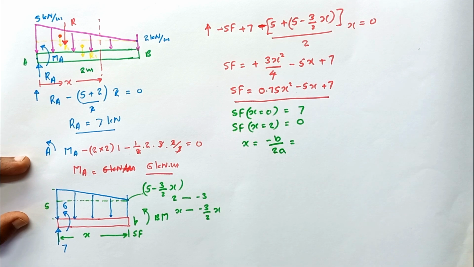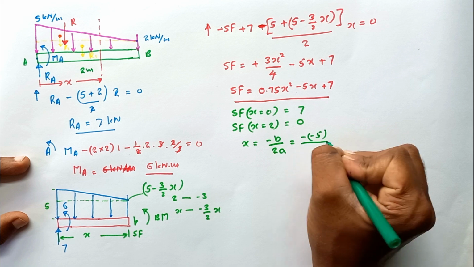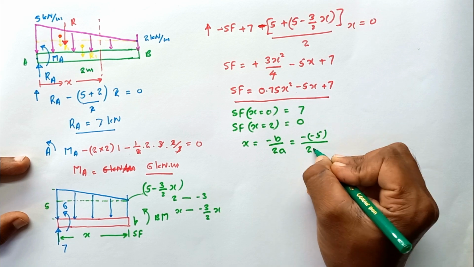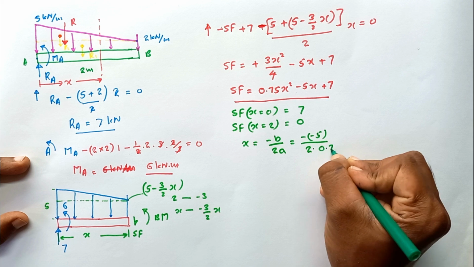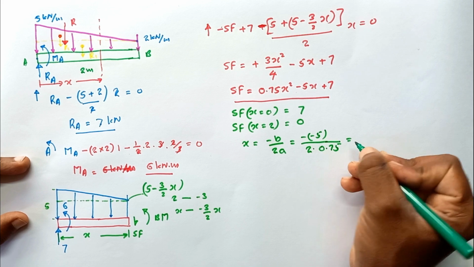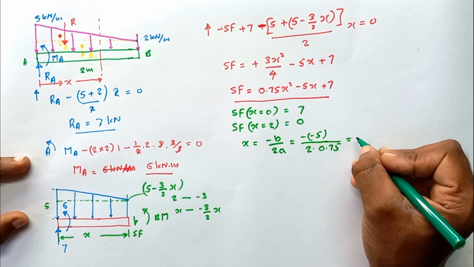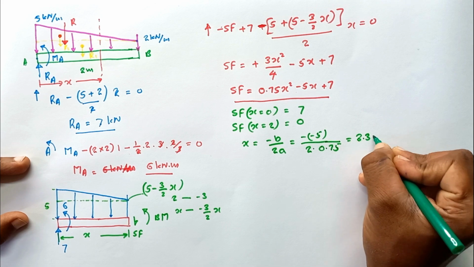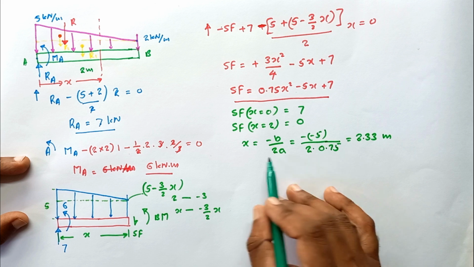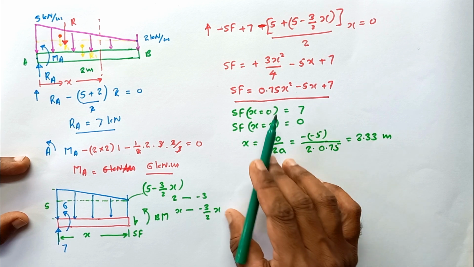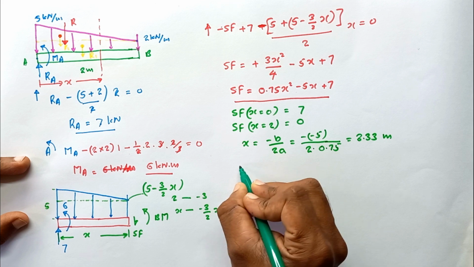Here we substitute the values, minus 5 divided by 2 into a, 0.75. This value is equal to 3.33 meters. At this point, this parabola has its symmetric axis, so then we can find the minimum as well.